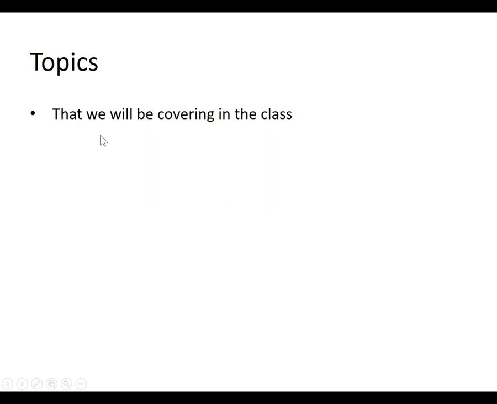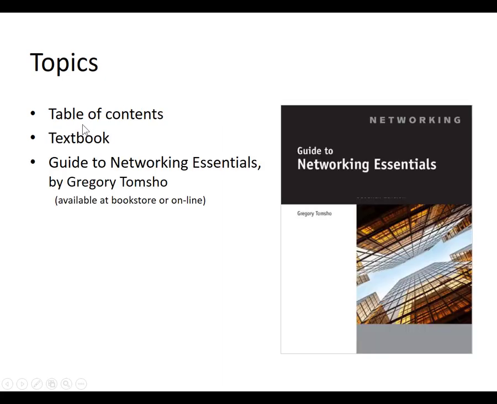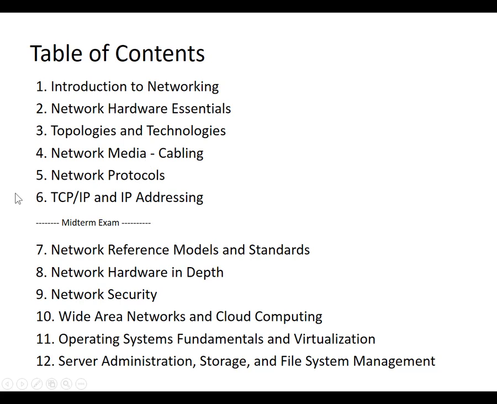Now, let's look at the topics that we will be covering in the class. If you go to the table of contents of our textbook, which is available at the bookstore, or you can buy it online, you will see we have 12 chapters to cover. Chapter 1 is Introduction to Networking.